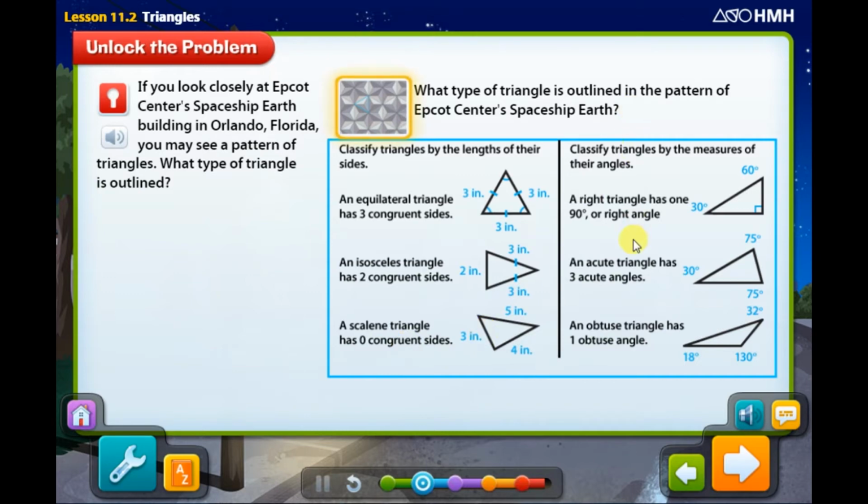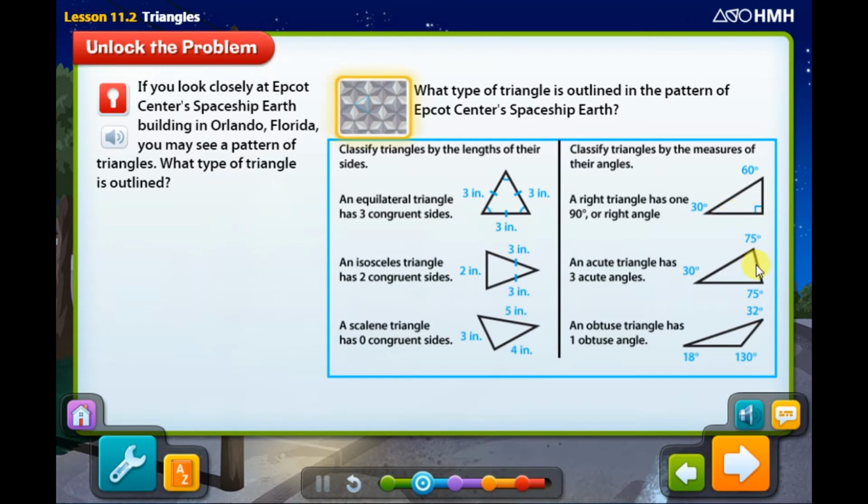And according to its angles, we have 3 types of angles: right angle, acute angle, obtuse angle. A right angle is the angle of squares, and it equals 90 degrees. That's why the shape of a square is put on it. So if you find the shape of a square, this means it's a right angle. In this case, we call this triangle a right triangle because it has one right angle.